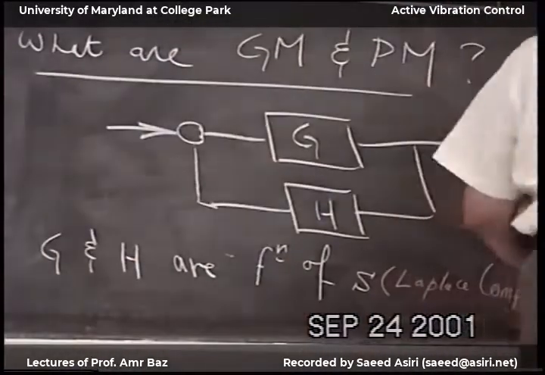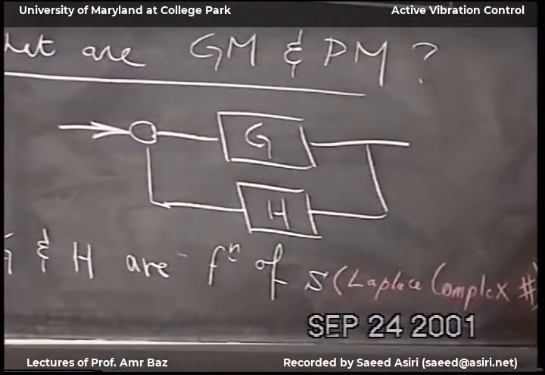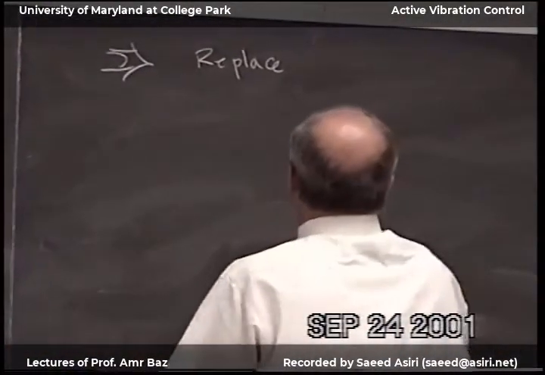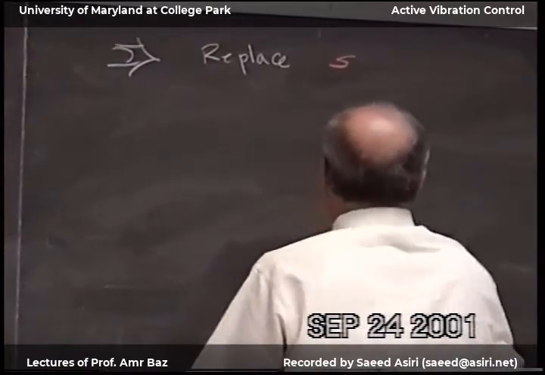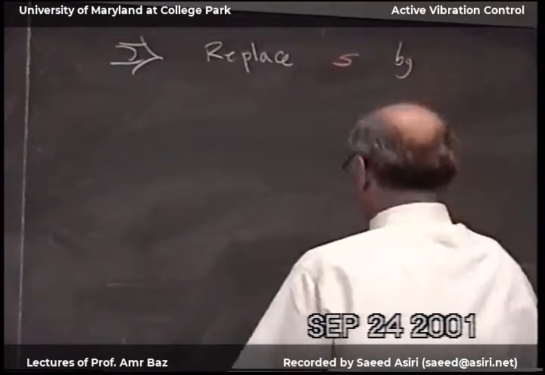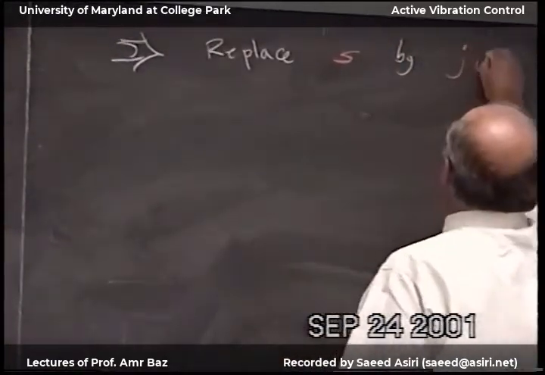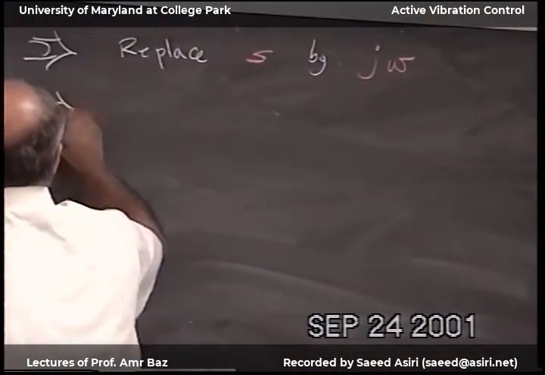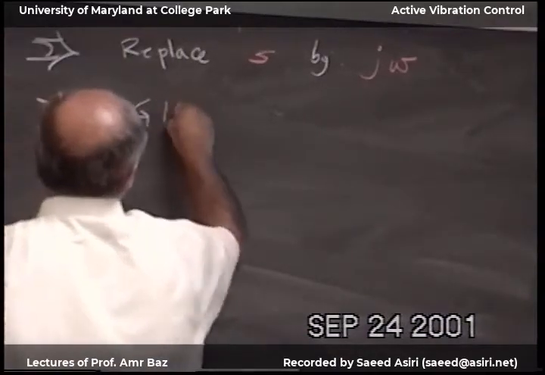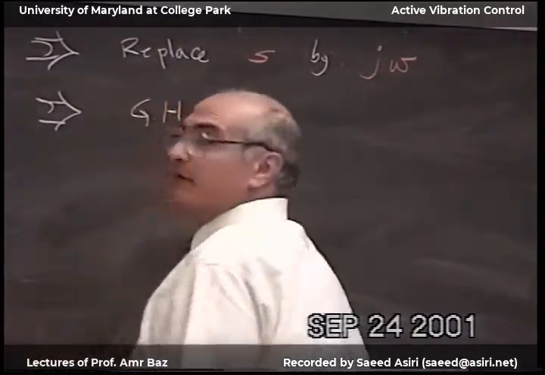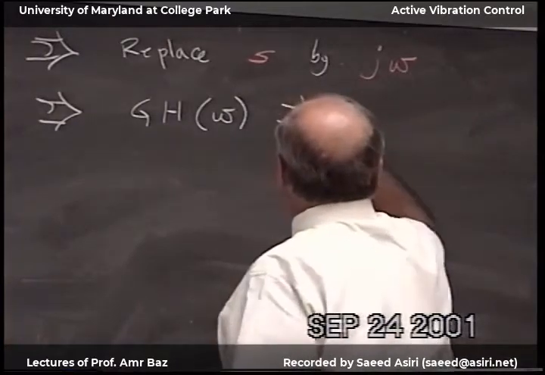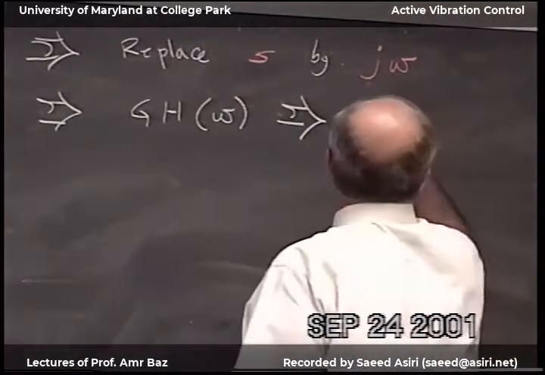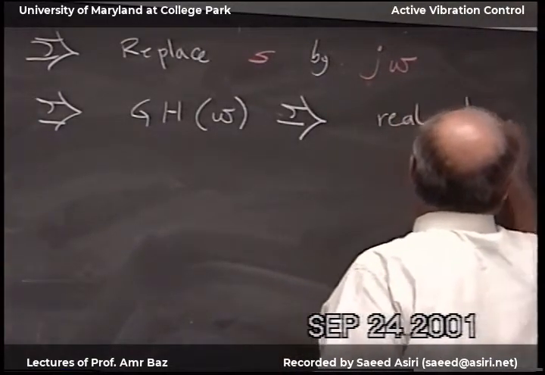And I can replace the Laplace variable by j omega, and the result will be G and H, both of them functions of omega. And because we have imaginary numbers, this will give us a real part and an imaginary part.